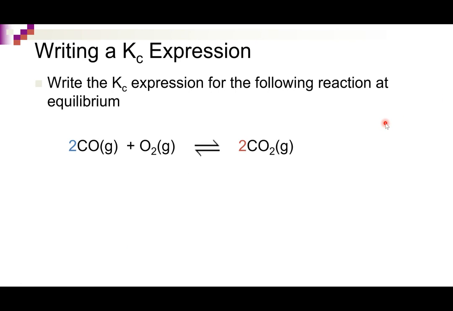All right, so let's do an example. Let's see if we can write the expression for K for the following reaction. K is going to be the concentration of our products over the concentration of our reactants. So K equals... my products, I've got CO2, so that's going to go on the top.